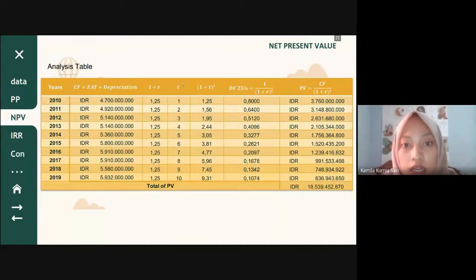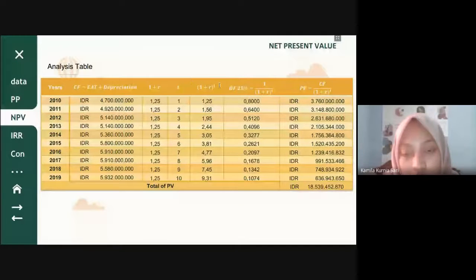The next column is T, where T is the year. For example, for 2010, T is 1 because this is the first year. For 2011, T is 2 because it is the second year, and so on.